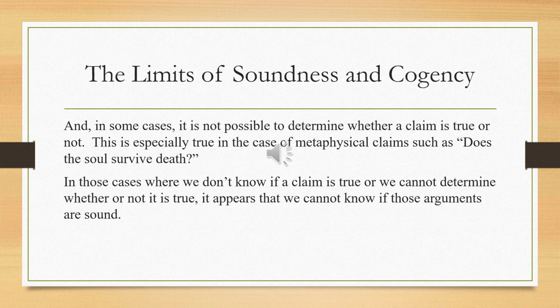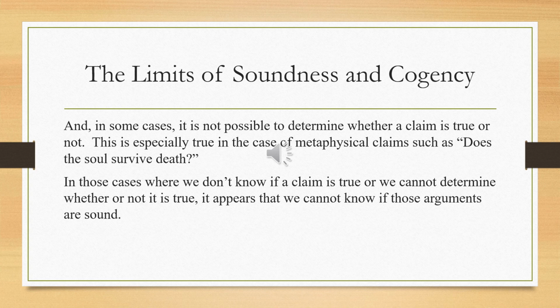Both of those statements must be either true or false, but no one seems to know which is the case. And so therefore, in these kinds of metaphysical arguments, we are left at the level of validity or strength because soundness and cogency lie beyond our capacity, at least at this stage. Maybe there's a higher level of existence where these questions all get answered, but right now, here and now, on the earth, we can't know whether or not those premises that make up those arguments are true or not.